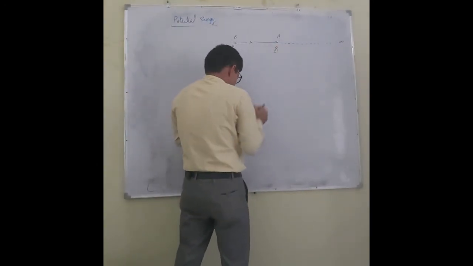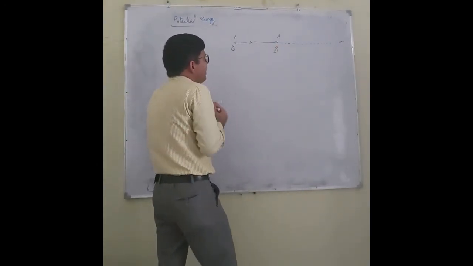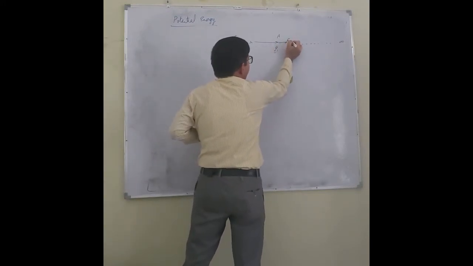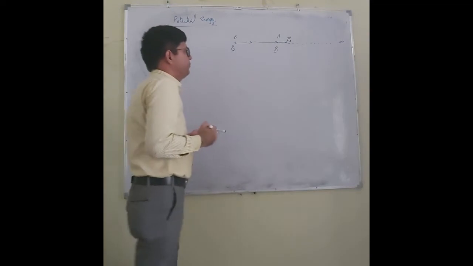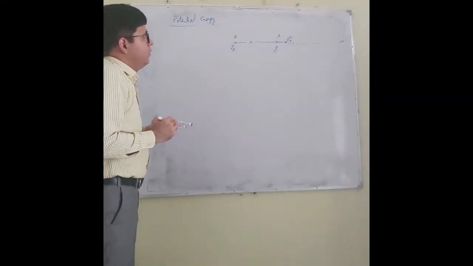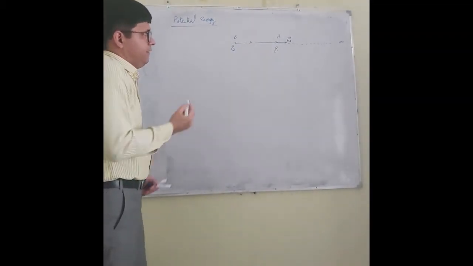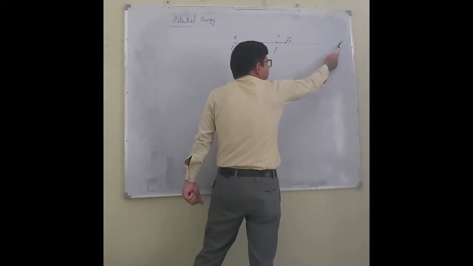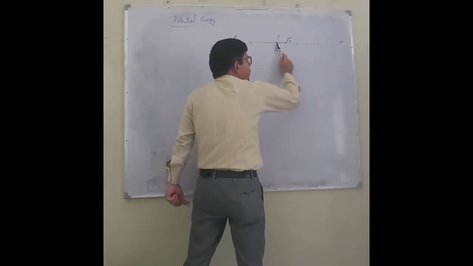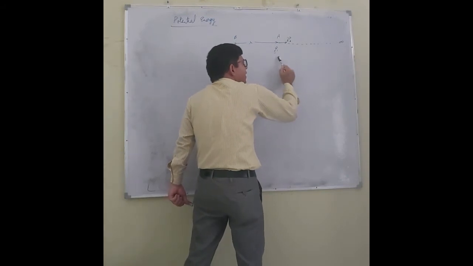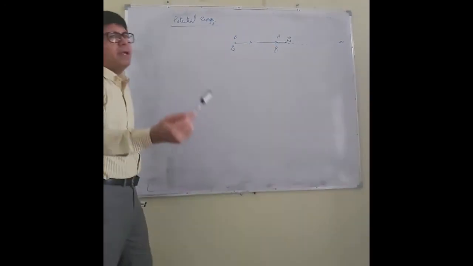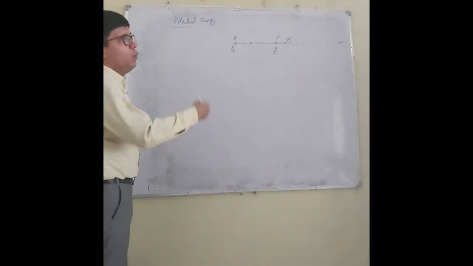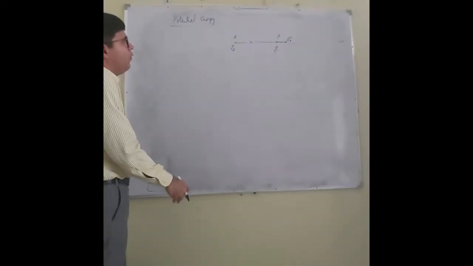The electric field will be in this direction. So we can clearly see that whenever we move the charge from infinity to that point, we have to do work against this force of repulsion. We have to do work against the direction of electric field.